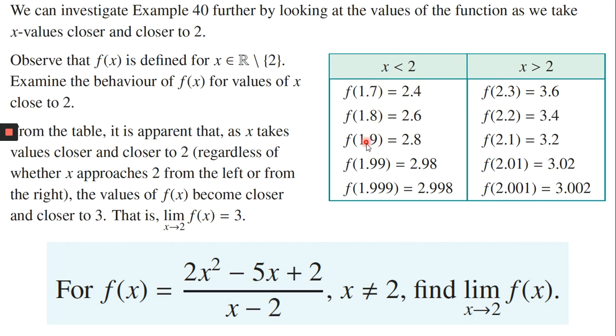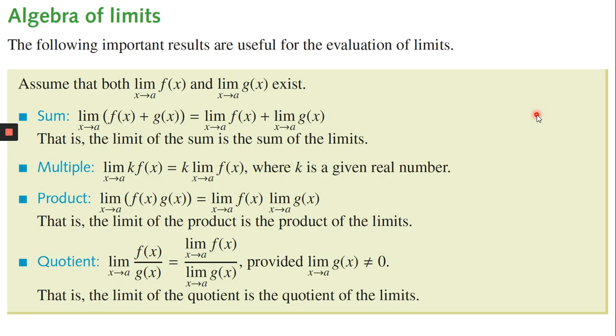As x gets closer and closer to 2, the answer gets closer and closer to 3. Similarly, if we do it for when x is greater than 2, so 2.3, 2.2, 2.1, you can see as x gets closer and closer to 2, the answer gets closer and closer to 3. So it happens when x is less than 2 and when x is greater than 2. So there's two different sides, and we'll look at that in more detail.